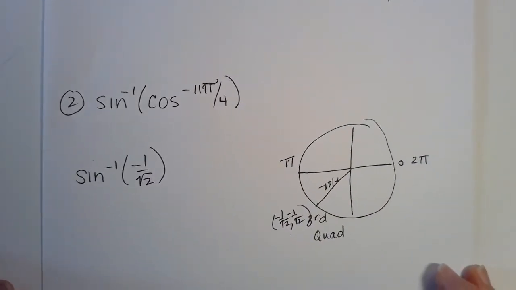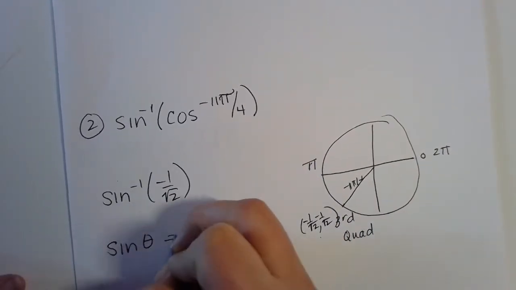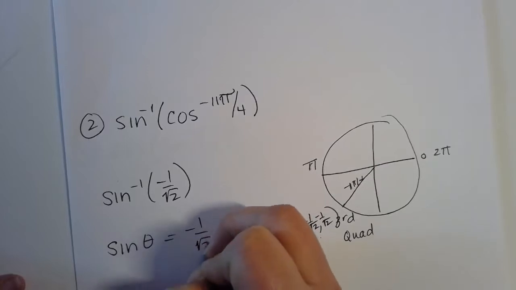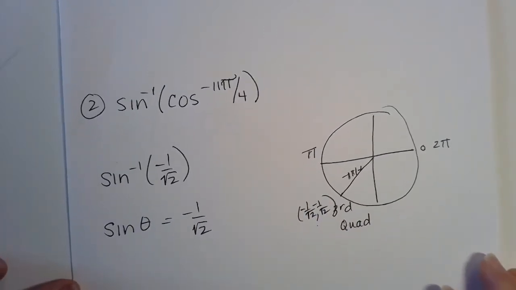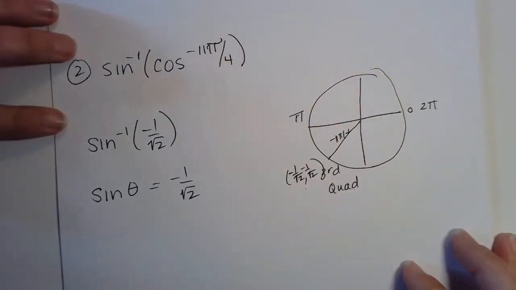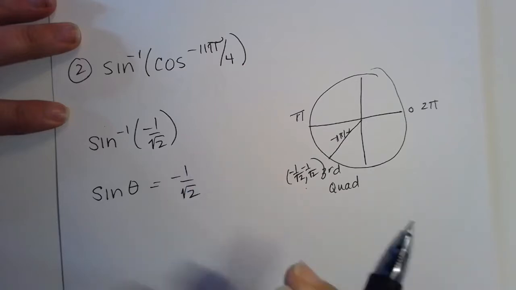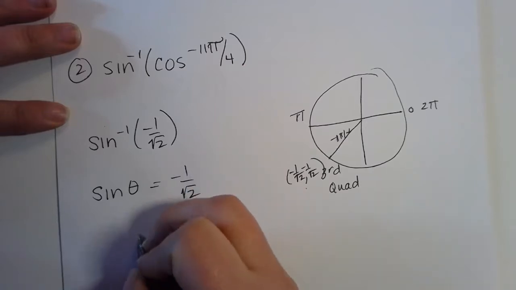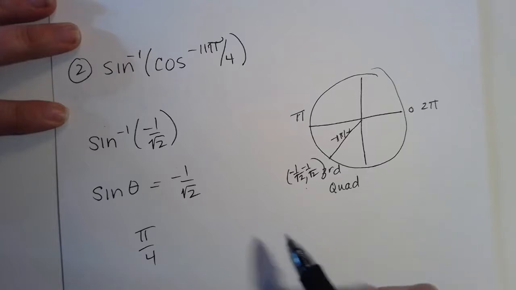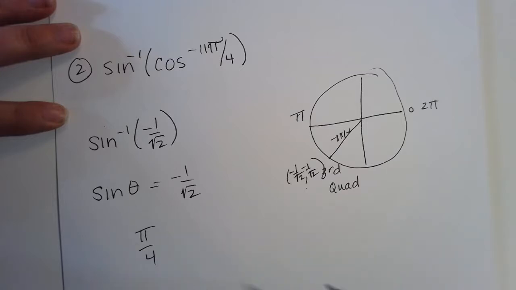All right, so now I want to figure out, this is saying essentially what sine value is equal to negative 1 over the square root of 2. Now, hopefully we know, and if you don't, we need to make sure that you're recognizing these and really putting them in your brain, this is some version of pi over 4, right? Whenever I get 1 over the square root of 2, that's always some version of pi over 4.